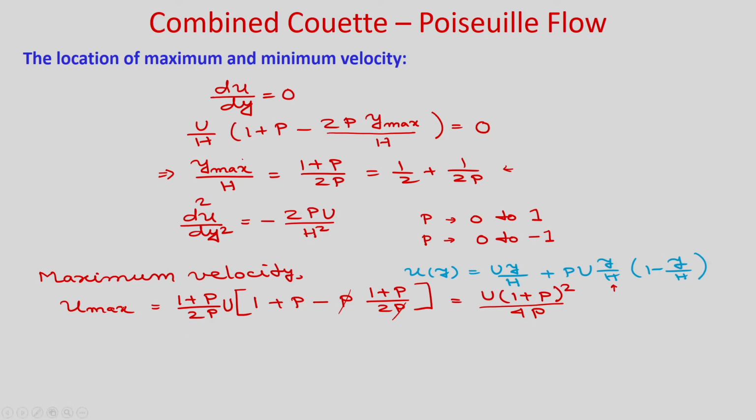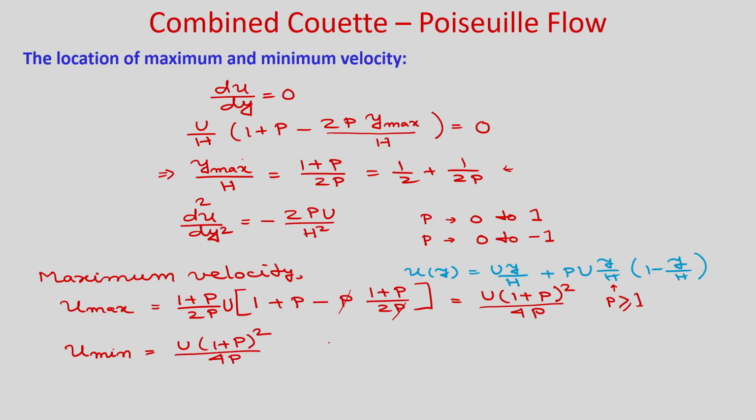And this u max you will get when p is greater than or equal to 1. Okay. And minimum velocity also you will get from the same expression, but minimum velocity will occur when you have adverse pressure gradient.